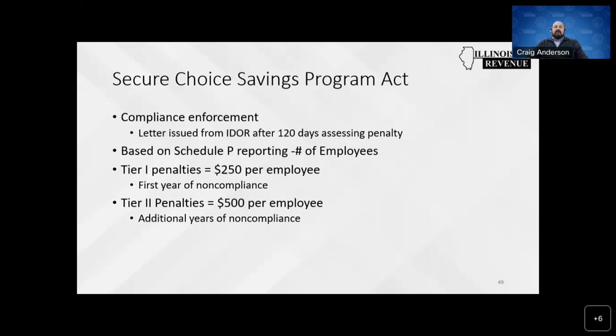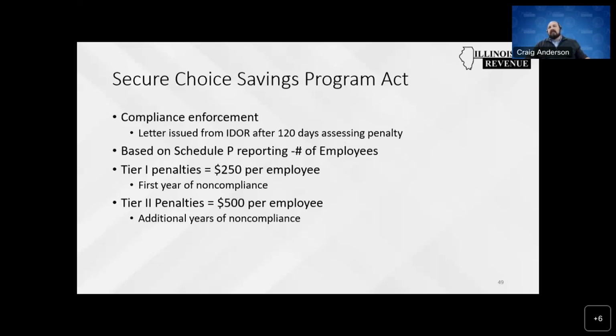The Secure Choice Savings Program, this is something that we are going to enforce, or there will be compliance enforcement. We are going to be issuing letters after 100 days, 120 days to assess penalties. Those penalties are based on your Schedule P reporting of number of employees.